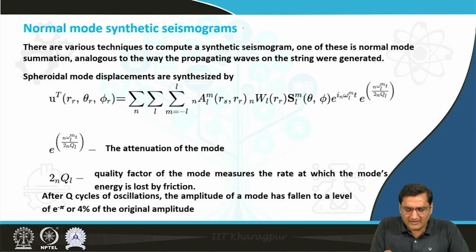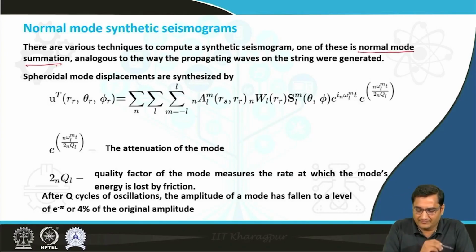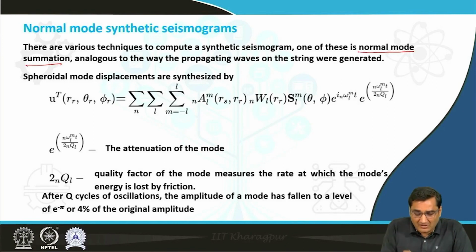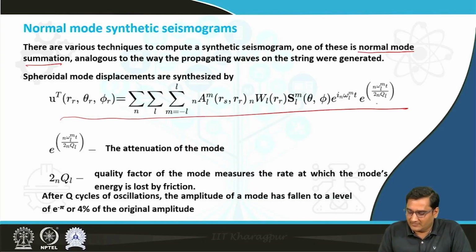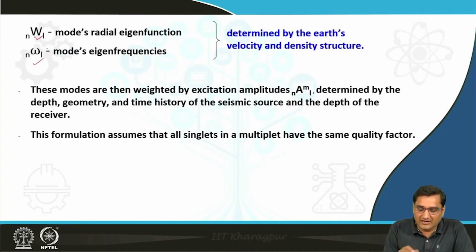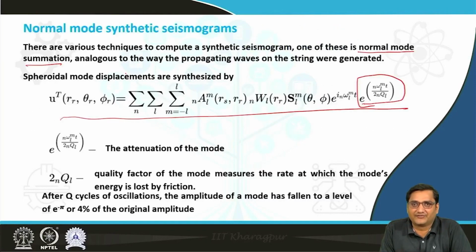To calculate synthetic seismograms using normal modes, we can use the technique known as normal mode summation, which is analogous to the way the propagating waves on the string were generated. Spheroidal mode displacement can be synthesized using this expression, where this expression is the attenuation of the mode, and W and omega represent the radial eigenfunction and the mode's eigenfrequencies, which can be determined by Earth's velocity and density structure.